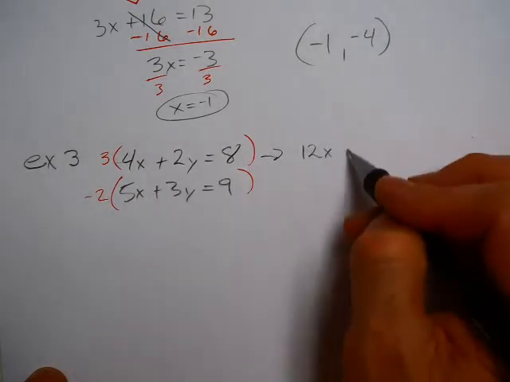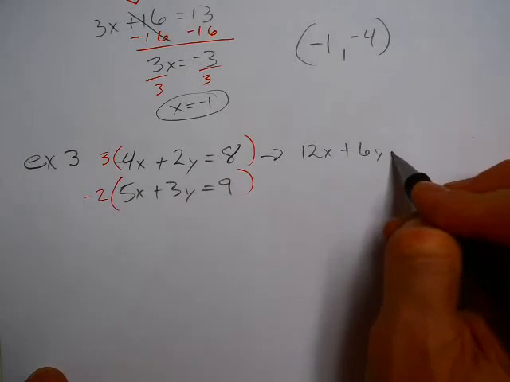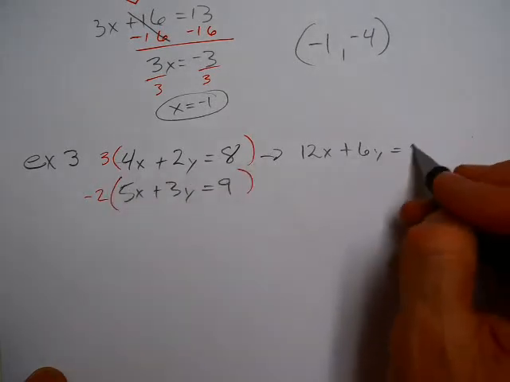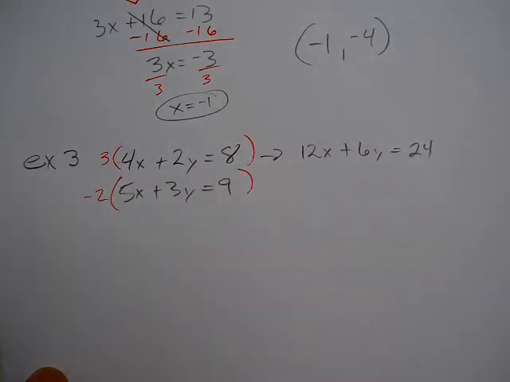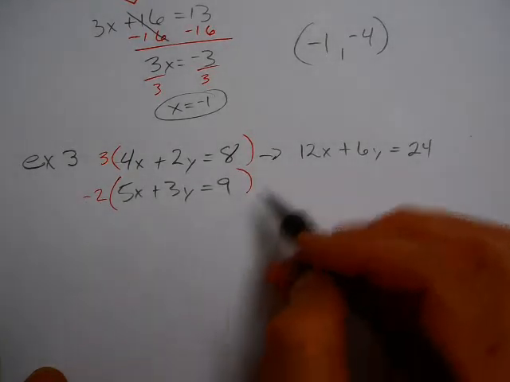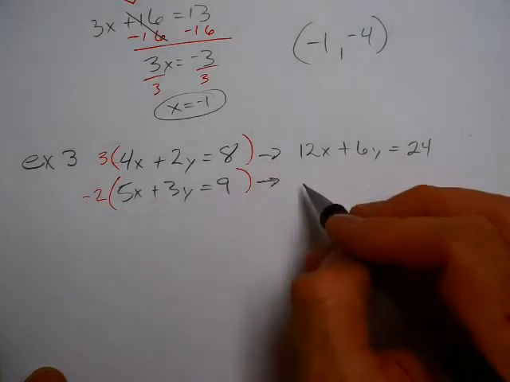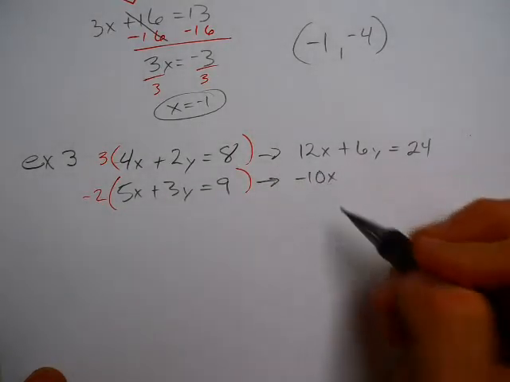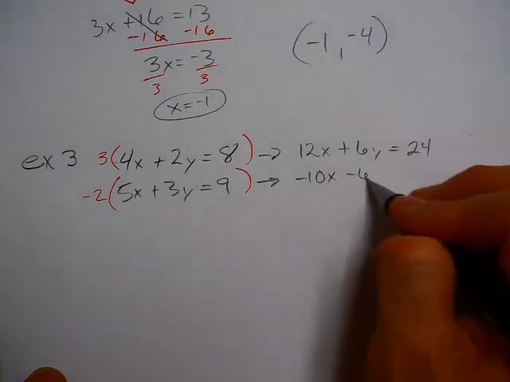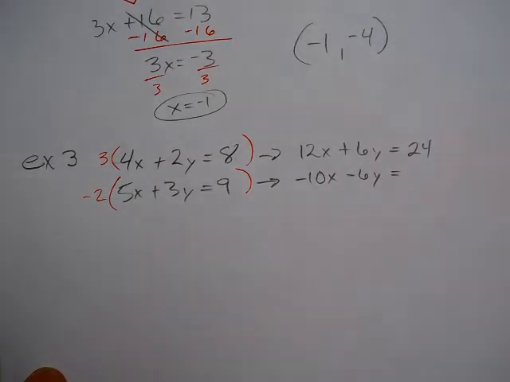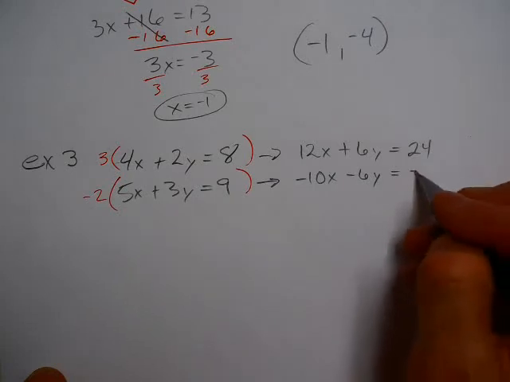So I have to multiply everything here by 3, so that's going to become 12x plus 6y equals 24. And this one's going to be negative 10x minus 6y equals negative 18.